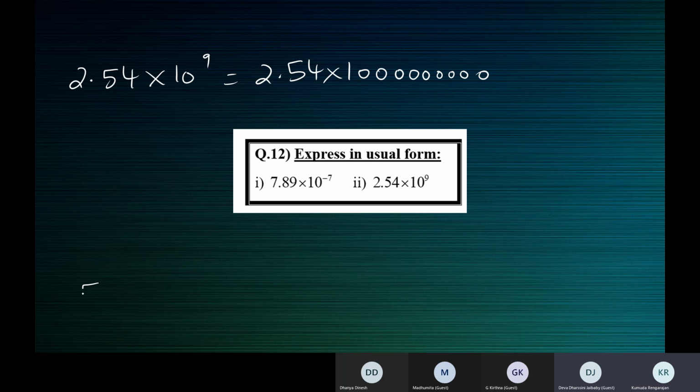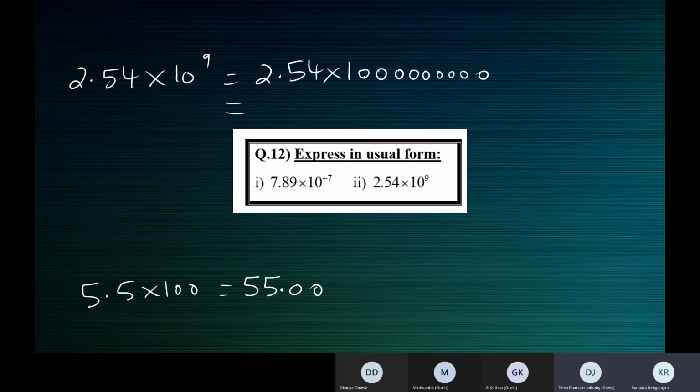Now, what is 5.5 into 100? 550, ma'am. So you write 5, 5, 2 zeros and then place a decimal point, right? Yes, ma'am. So bringing it back to the usual form is what we normally do.